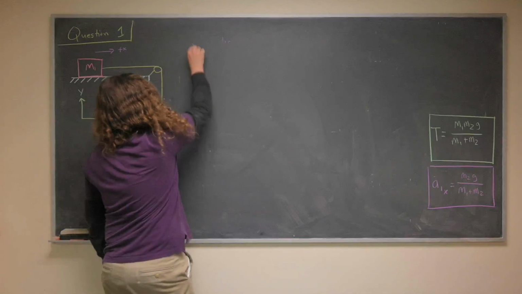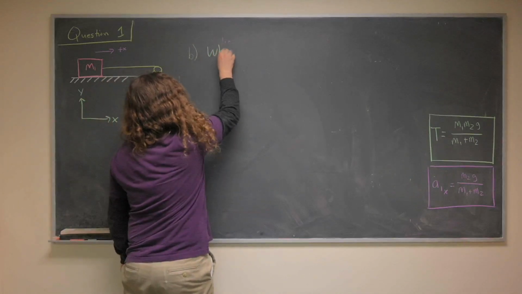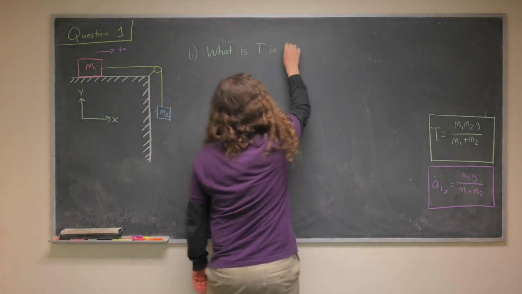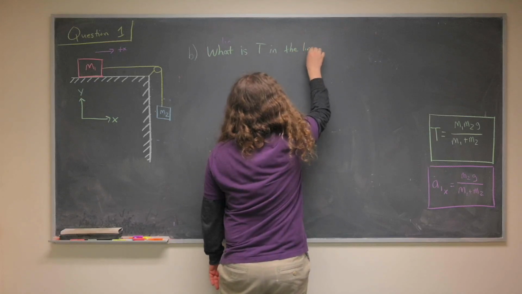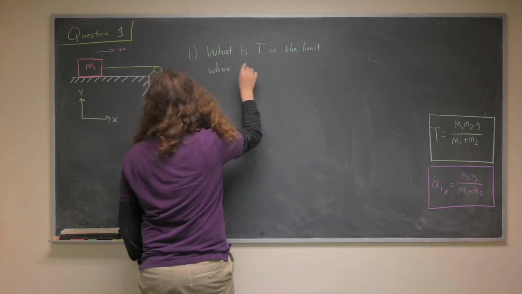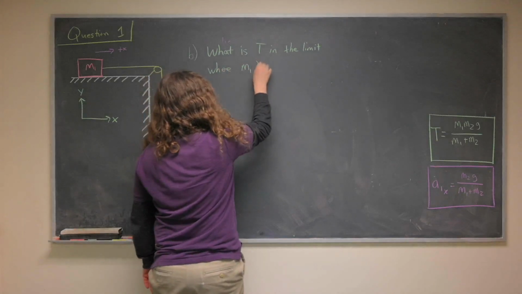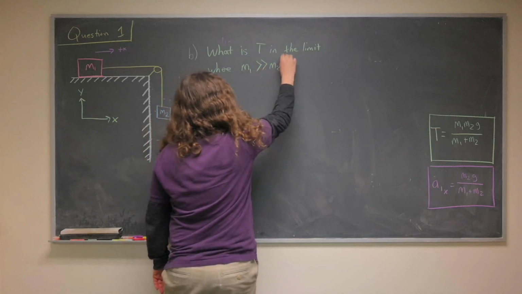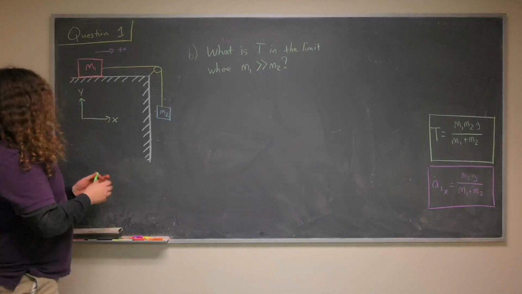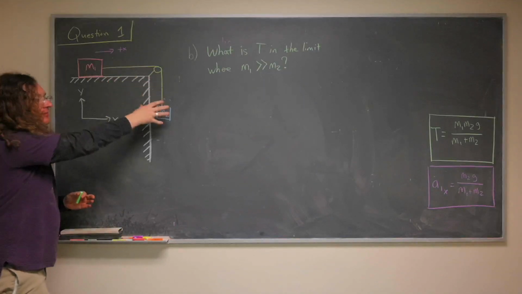So part B says, what is T in the limit where m1 is much bigger than m2? Well, if m1 is much bigger than m2, think of this as a brick and that's a feather.